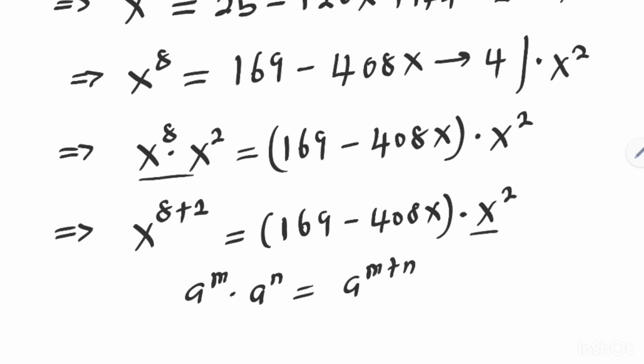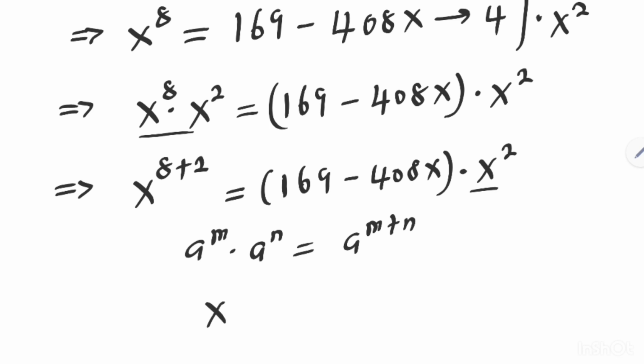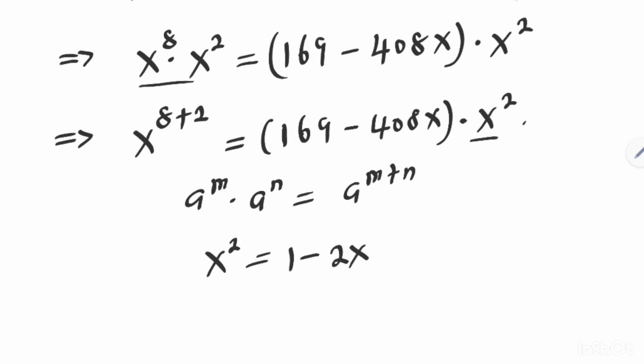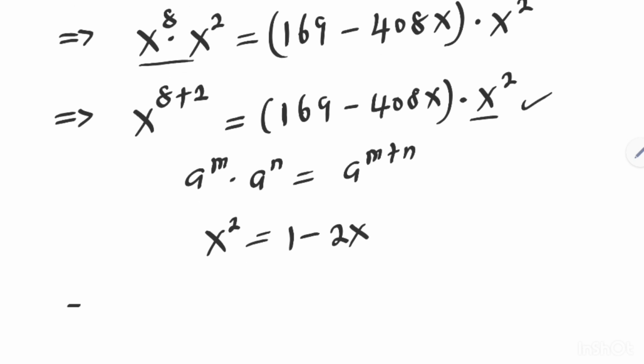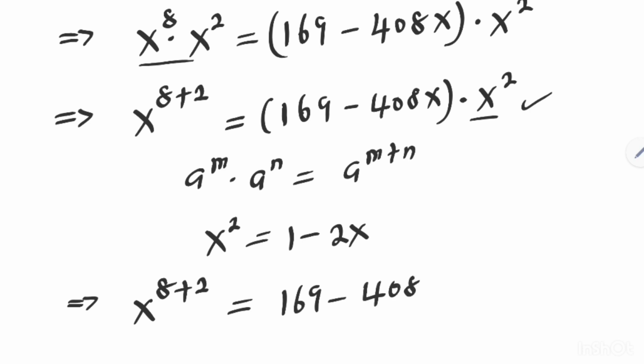Also recall that x squared is equal to 1 minus 2x. Then the whole of this can be written as x raised to power 8 plus 2 is equal to 169 minus 408x bracket 1 minus 2x.